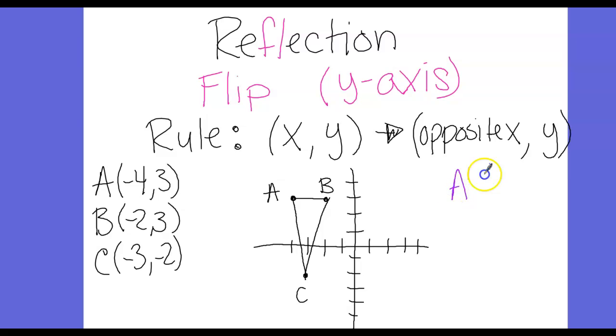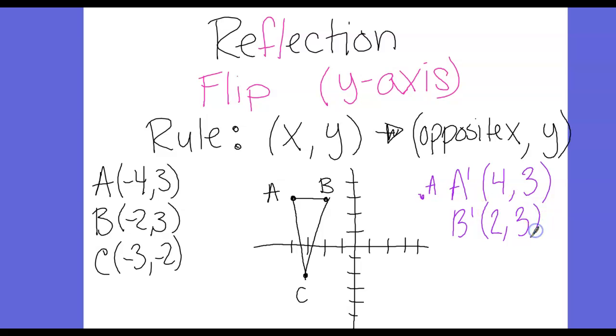Okay, so your new A, your opposite x. So what's the opposite of -4? 4. Yep. And then what happens to your y? Stays the same, so 3. Graph that, 4, 3. Your new B should be 2, 3.